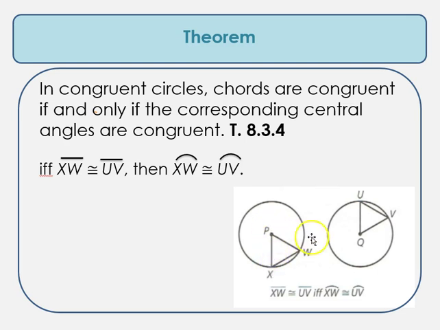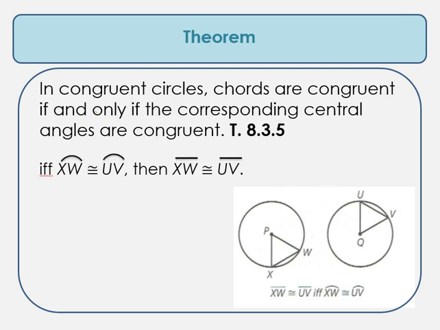So if angle P and angle Q are congruent, then chords XY and UV will be congruent also. So these are all pieces of the circle with their congruency. You'll become accustomed to them. They're very intuitive, and you'll be using them quite a bit.